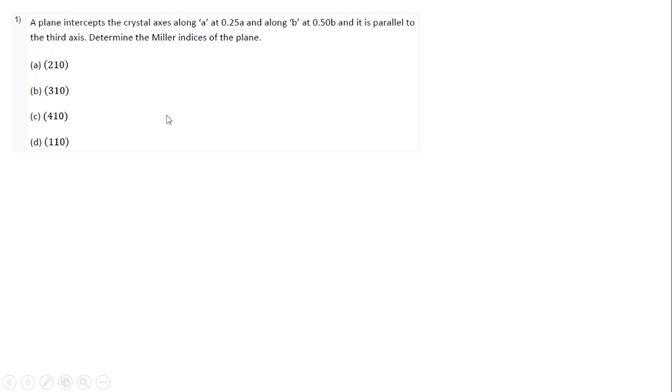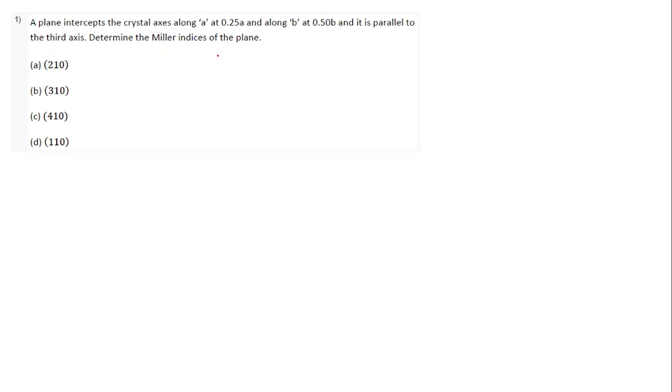So first question is, a plane intercepts crystal axis along A at z.